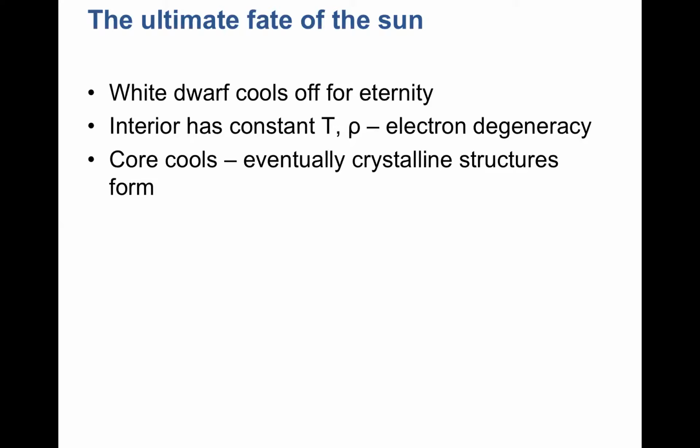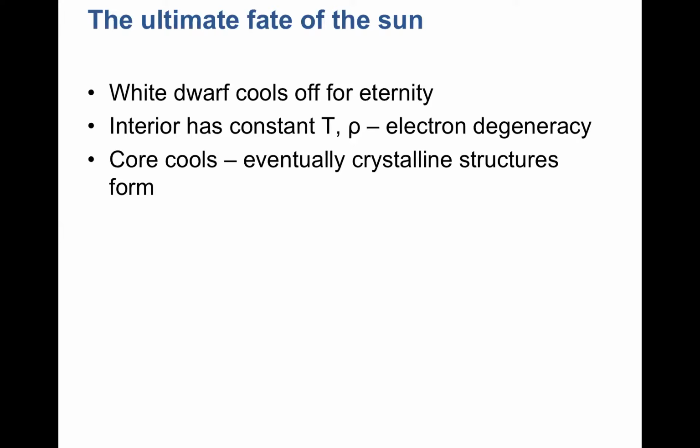Now, if you wait a very, very long time, maybe longer than the present age of the universe, you've got a thing that's about the mass of the sun. In the sun's case, it will be a little bit smaller, less massive, that is about the size of the Earth and made almost entirely of carbon.